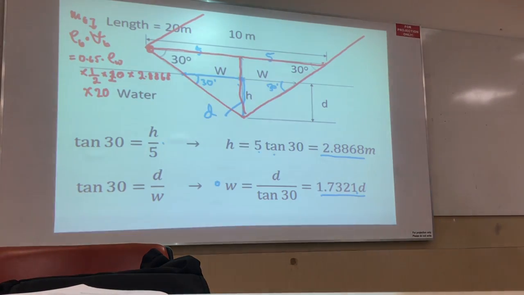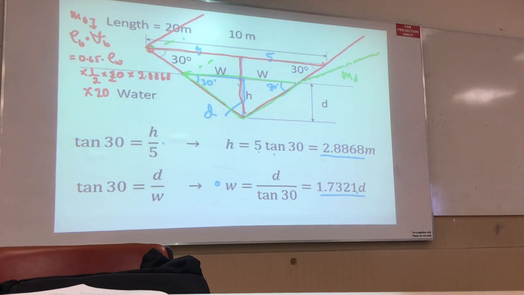And so what is the displaced water? So water position is here, right? And here is the water position, correct? So what is the weight of displaced water?